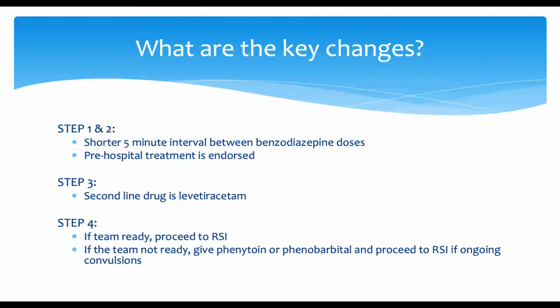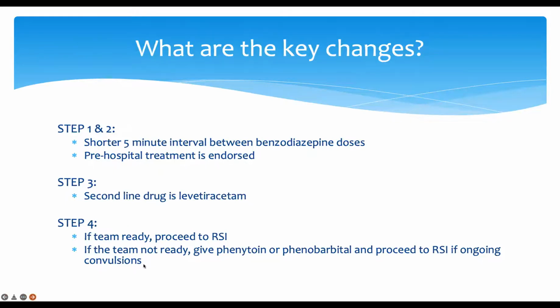The second line drug has been replaced by levetiracetam rather than phenytoin, based on the recent emergence of guidance. And then in step 4, when the team is ready, instead of giving another anti-epileptic drug, as quickly as possible we should go to rapid sequence induction. But if the team is not ready, then we can give phenytoin or phenobarbital followed by levetiracetam.